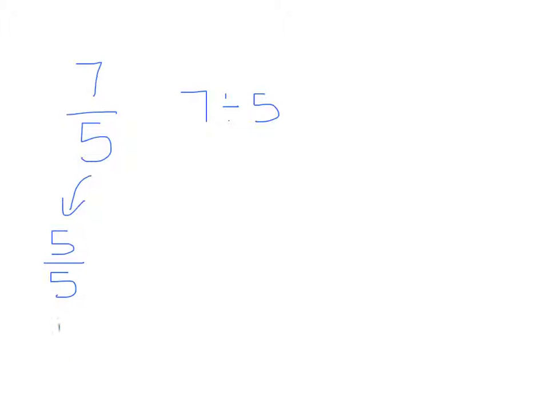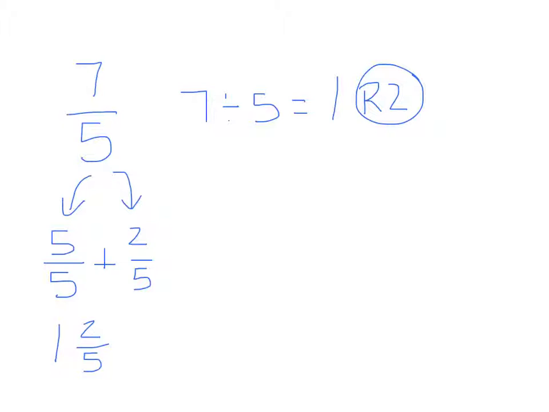That's 1 whole. And I have 2/5 that are left over. So that's 1 and 2/5. So thinking about this as 7 divided by 5, we get 1, and then there's a remainder of 2. So of course this 2 is 2/5. So it's 1 and 2/5.